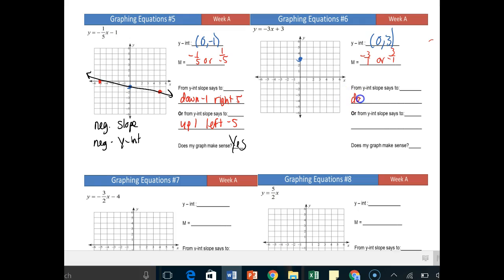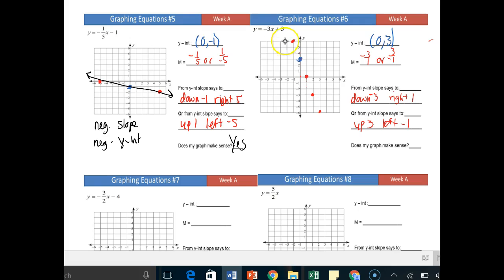I can move down 3, and positive means right, down -3, right +1, or I can move up +3 and left -1, because negative means to move left. So I'll move down 3, 1, 2, 3, right 1, and repeat, or up 3, 1, 2, 3, and left 1.